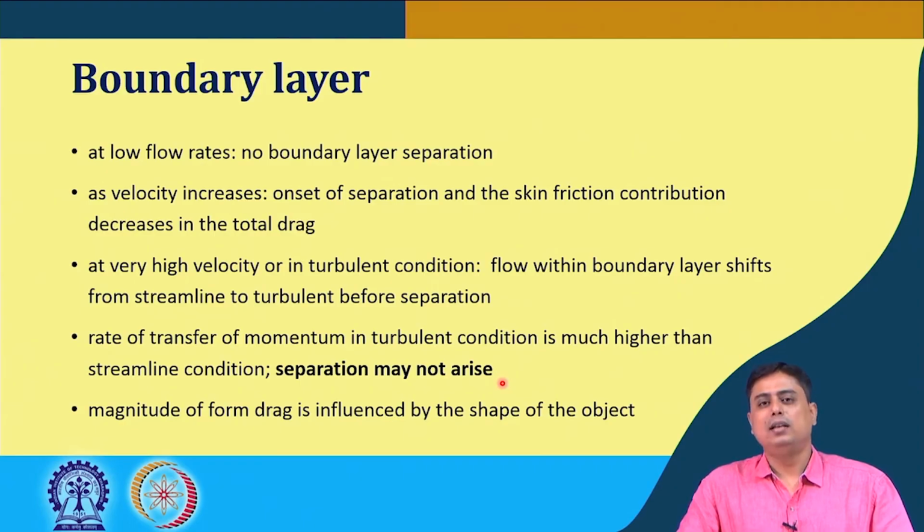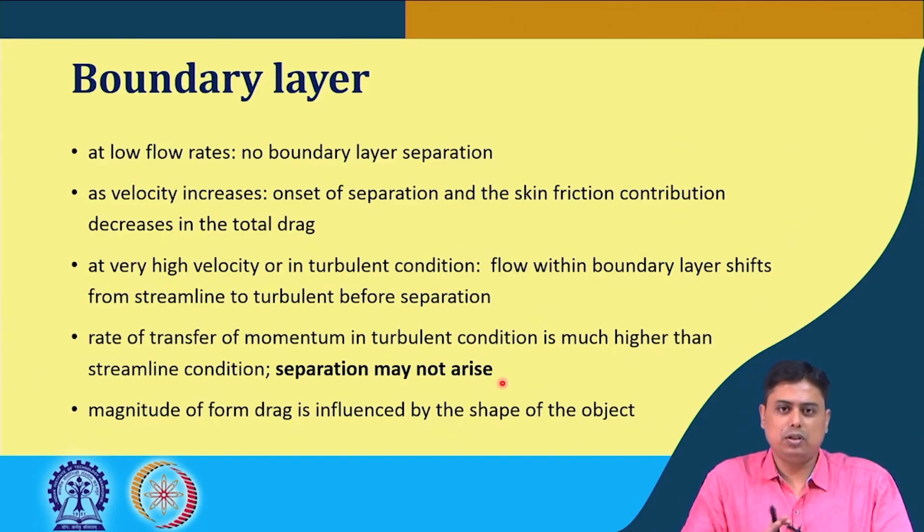But if you somehow can tweak the flow field, or induce turbulence there, that can result in a reduced drag or reduced pressure drop, because then this scenario is much more suppressed.